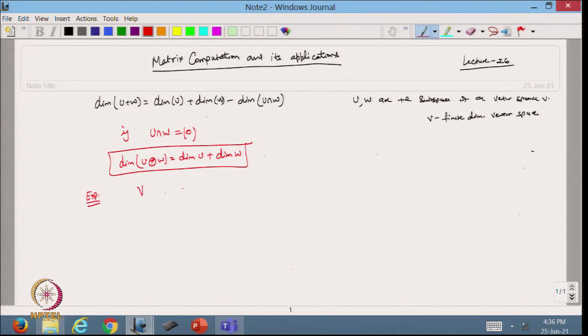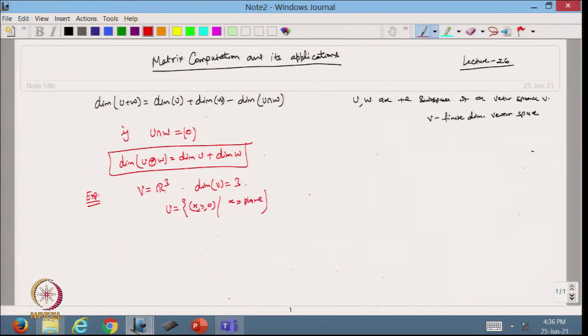For example, suppose I take the vector space V as R3. So, the dimension of V is 3. Let us take the subspace U as (x, y, 0), so all the elements with x and y in the real line, which is the xy plane.